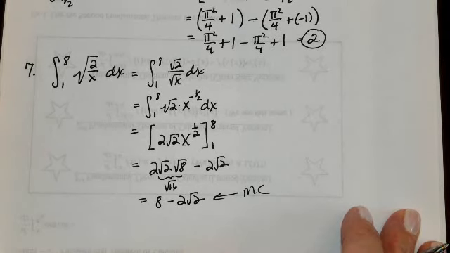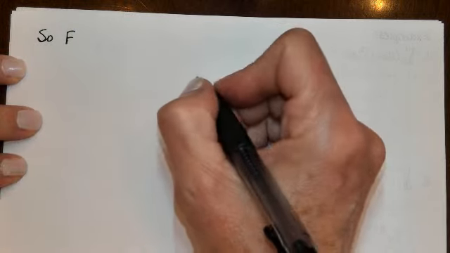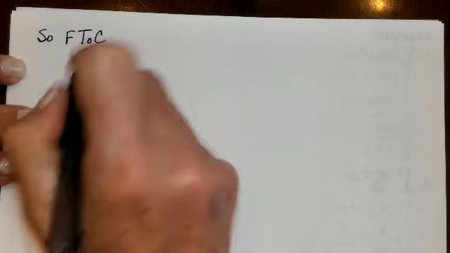All right. So those were some examples of just using the fundamental theorem of calculus. Let's see what else the fundamental theorem of calculus does for us. So let's think about this first part of the fundamental theorem of calculus. By the way, we abbreviate fundamental theorem of calculus as FTC.